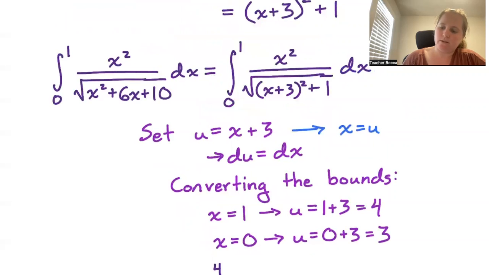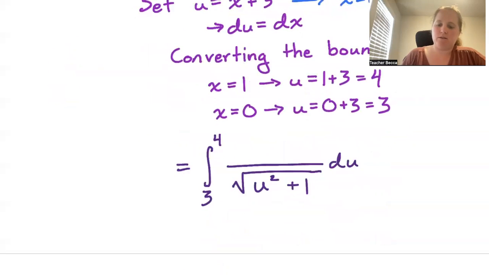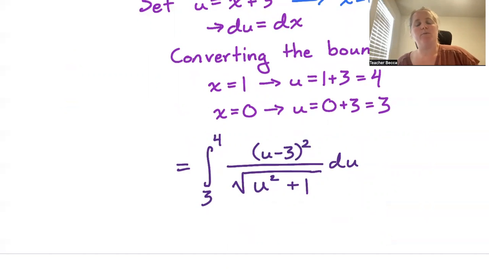Let me make that so you can see. So x would be u minus 3. So we'll replace that x squared with a u minus 3 in parentheses squared. So we are looking at the definite integral from 3 to 4 of u minus 3 in parentheses squared divided by the square root of u squared plus 1 du.